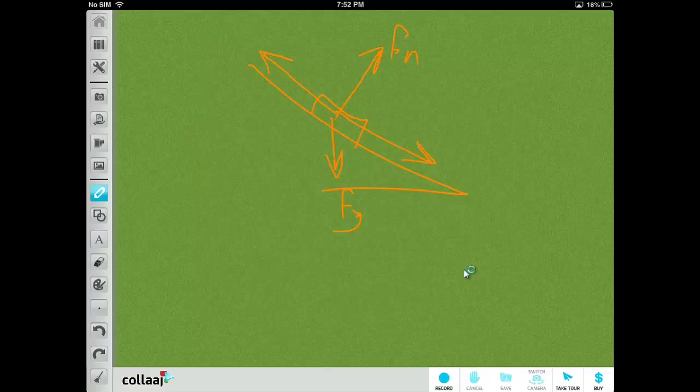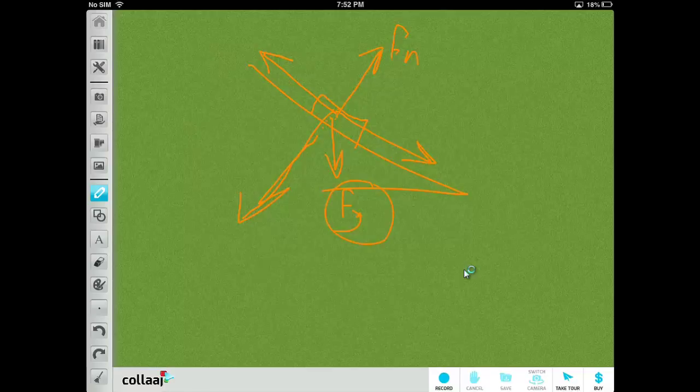In order to make your x-axis and y-axis, you just have to extend the Fn a little bit. By extending this line, you'll have the x-axis and y-axis, and the only force outside of these axes is Fg. Fg is the only force that is not lying on the x or y-axis.